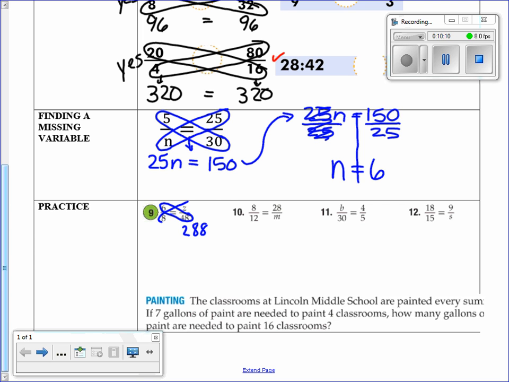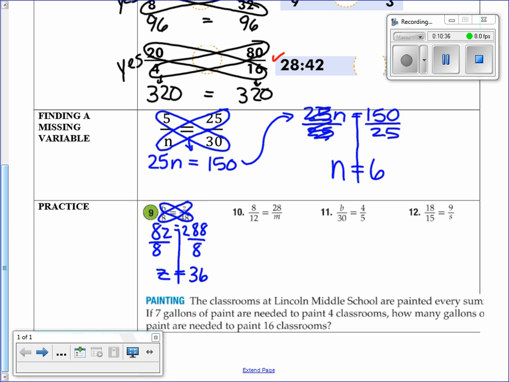And then I have 8 times Z, bring down my equal sign, and I have 8Z. Now I draw my line, divide both sides by 8, and Z is going to equal 36. That's it. That's all I'm doing.